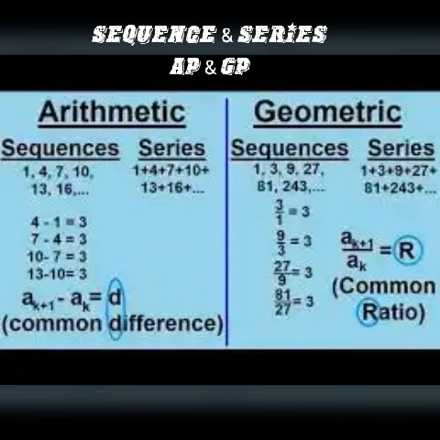That will be equation 1. While the seventh term is A plus 6D, and that is equal to 33. That should be equation 2.